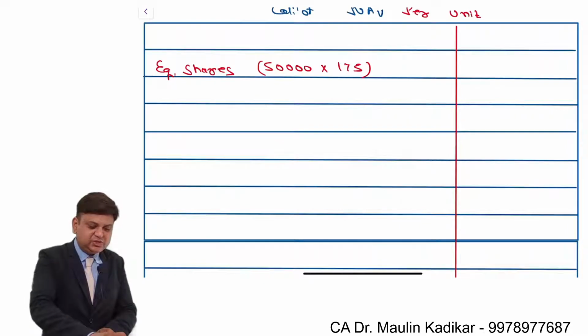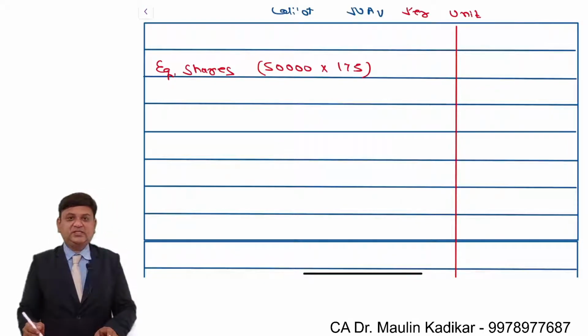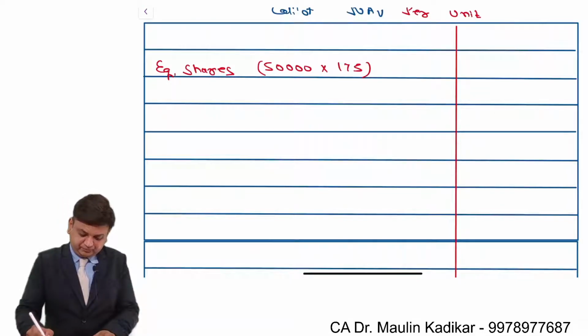Friends, over here the institute has made an assumption that this 175% is given on the face value, that is 87,50,000.